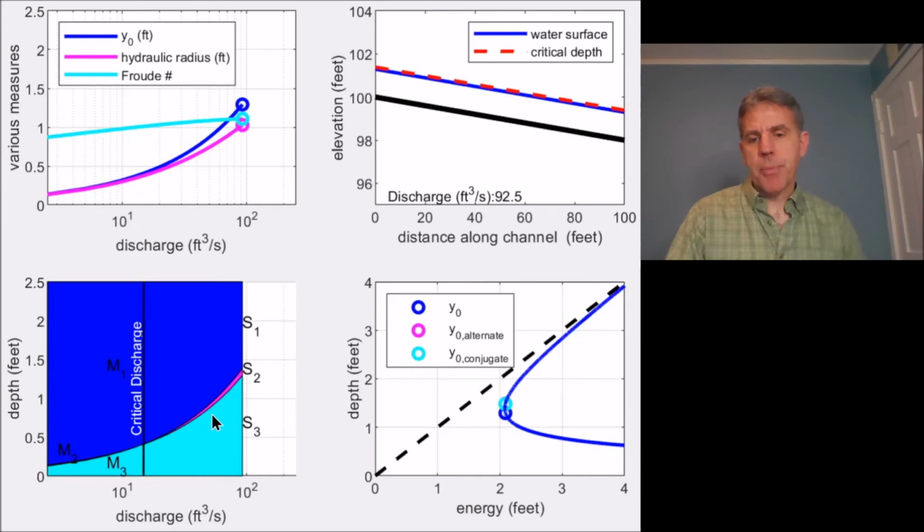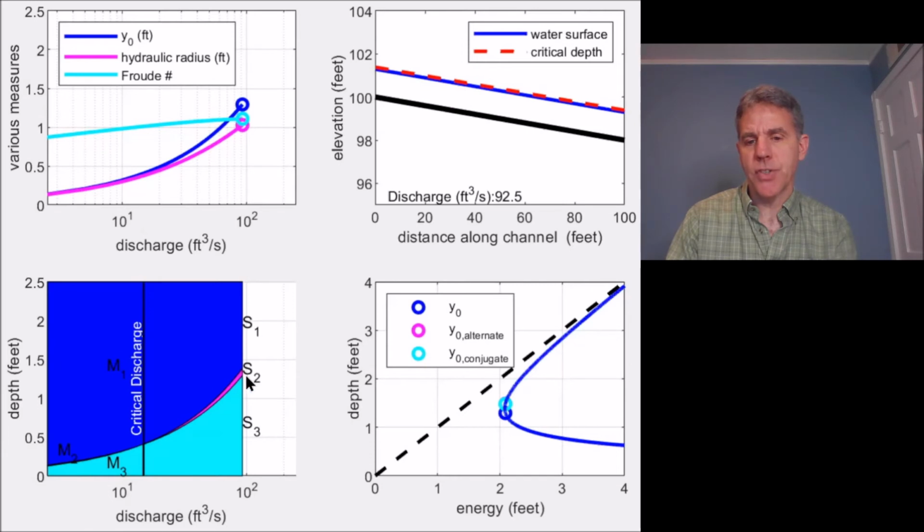The normal depth is basically the lower range of the magenta here, and if you can imagine, it would actually be the upper range, which unfortunately is essentially invisible because the normal depth and critical depth are so close to one another.